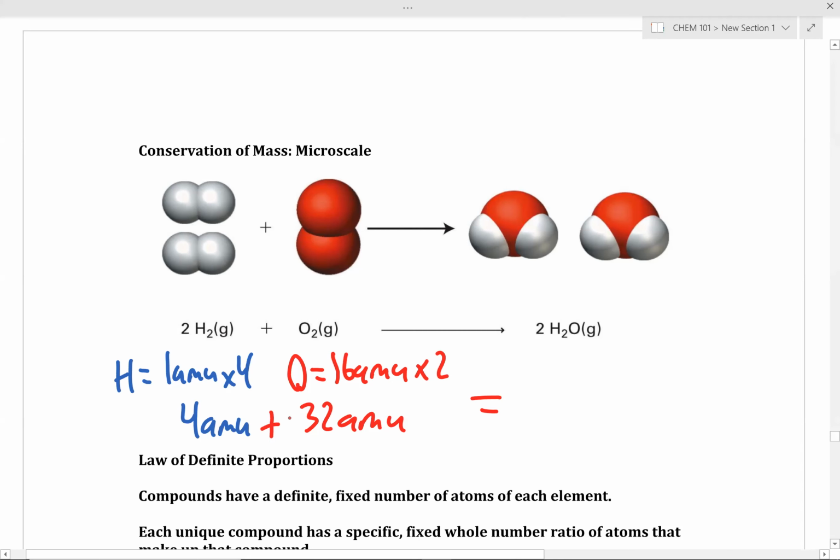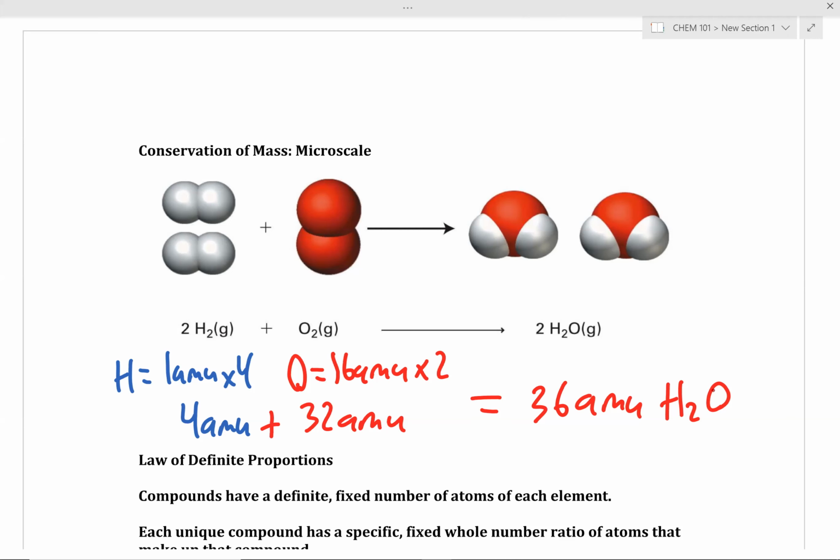If the mass before and after a chemical reaction doesn't change, to figure out the mass of water that we expect to generate, we just add up the mass of each of our reactants. So 4 plus 32 gives us 36 AMUs of water. So it's a really powerful principle that really underpins chemical reactions. Does that make sense to everyone?